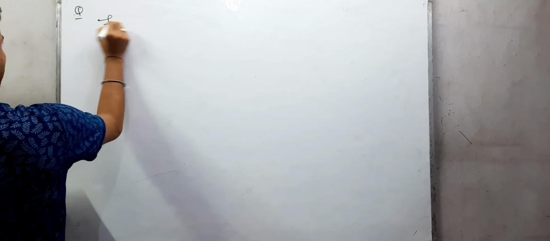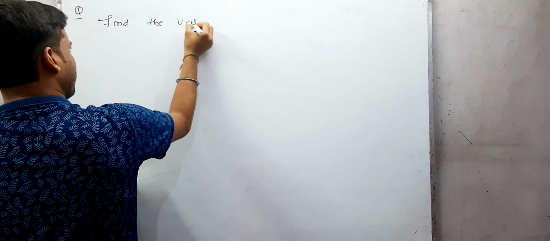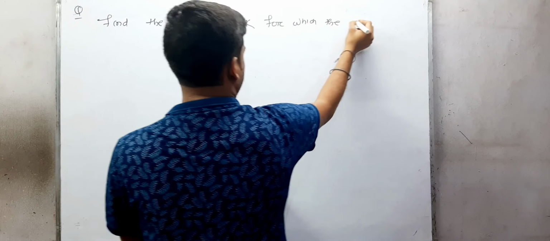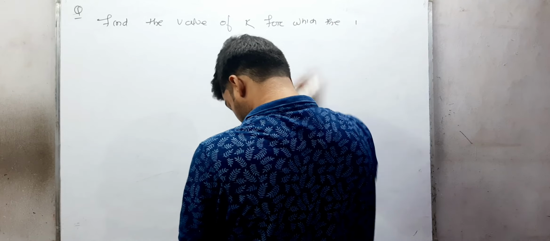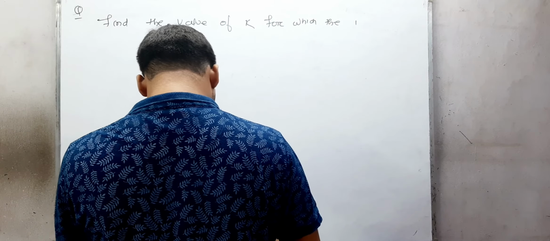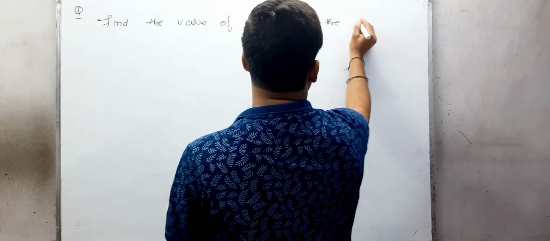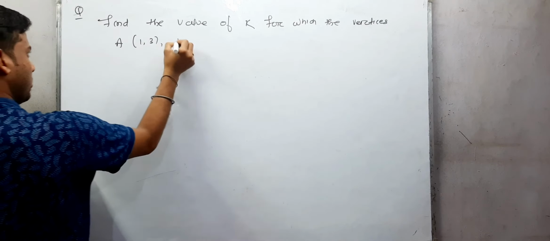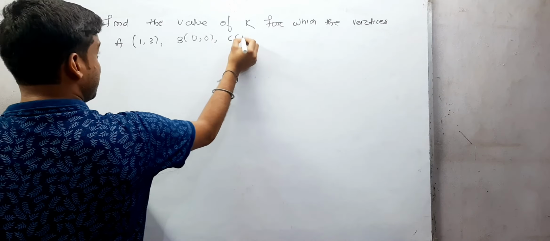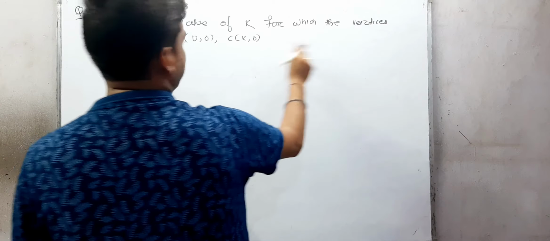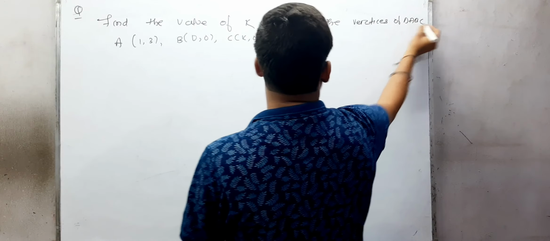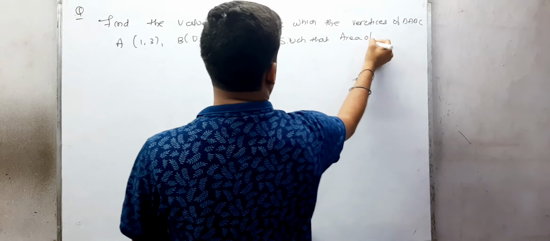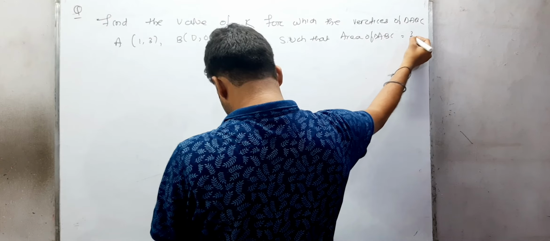Now moving to one more question. Question: find the value of k for which the vertices A (1, 3), B (0, 0), C (k, 0) are vertices of triangle ABC such that the area of ABC is 3 square units.